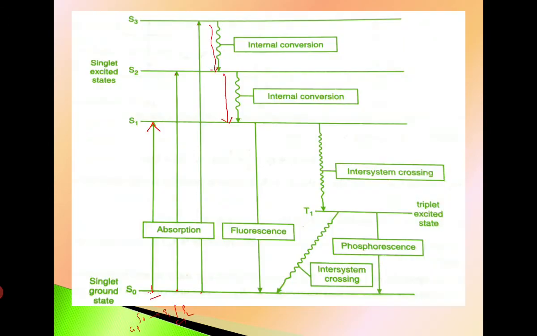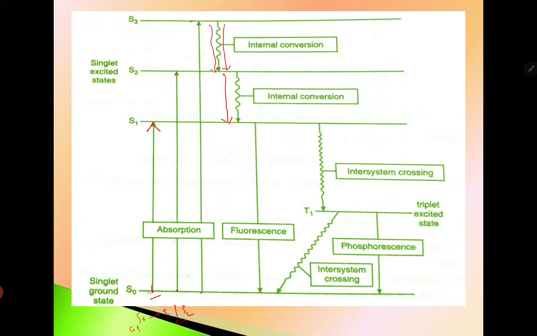We have seen that the electron is getting excited from S0 to S1, S2, S3. Again it is de-excited from S3 state to S2, or S2 to S1 state. We are calling them internal conversions.